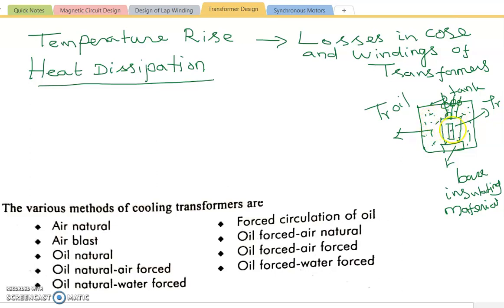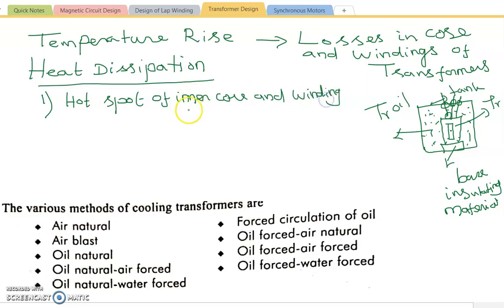Now, why heat dissipation is necessary: heat is developed inside, from the inside hot spot of the core and winding of the transformer. So the first thing is that the heat developed in the hot spot of the inner core and winding is to be transferred to the outer part of the core and winding.